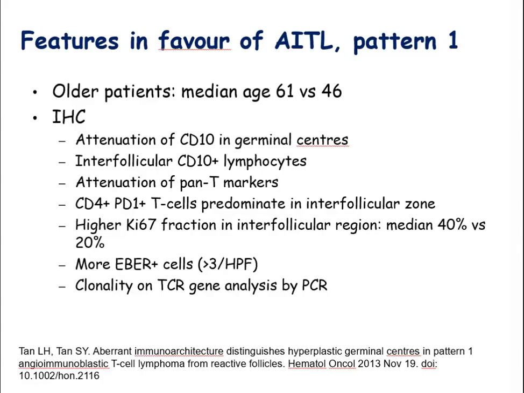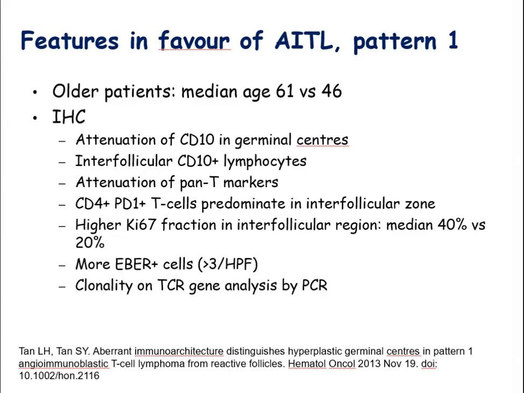First, AITL tends to occur in older patients, whereas reactive follicular hyperplasia is more common in children and adolescents. The neoplastic follicles feature fewer CD10 positive germinal center cells, and instead there are more CD10 positive lymphocytes in the interfollicular zone.